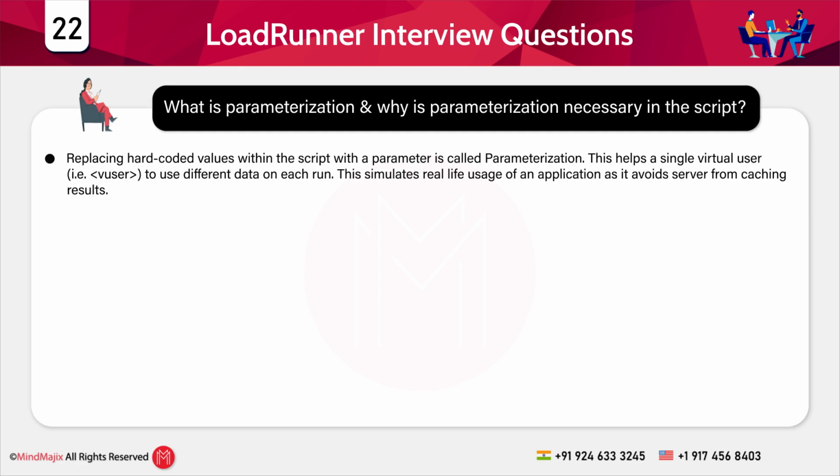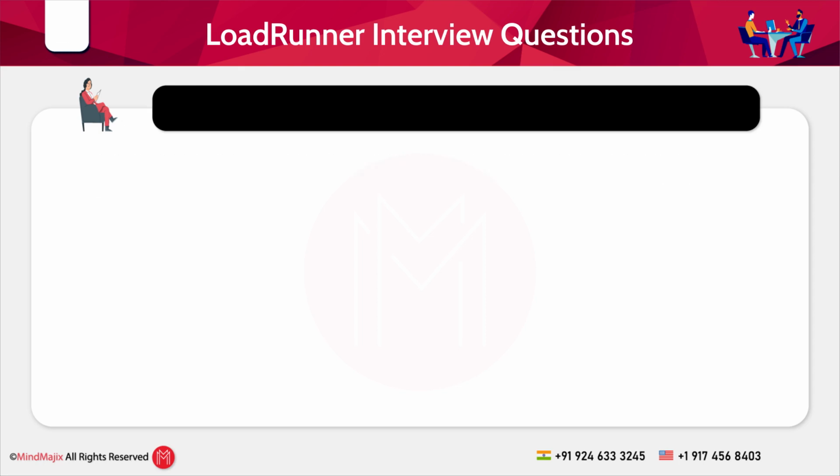Parameterization is nothing but replacing or substituting the input values by variables so that I can pass multiple values. The necessity is, when I am running the test for multiple users, I need to use a different set of data. For that, parameterization is the only option.